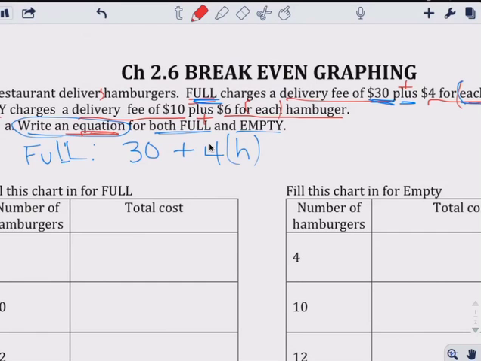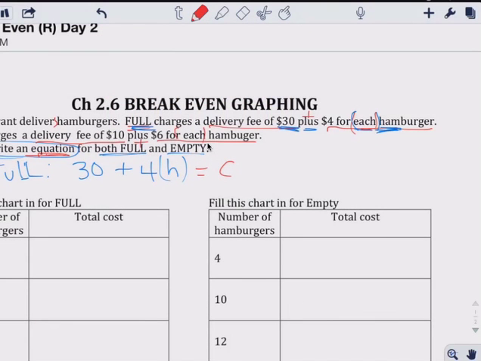For those of you who did not write the equation, write it now. It equals the total cost. Right.